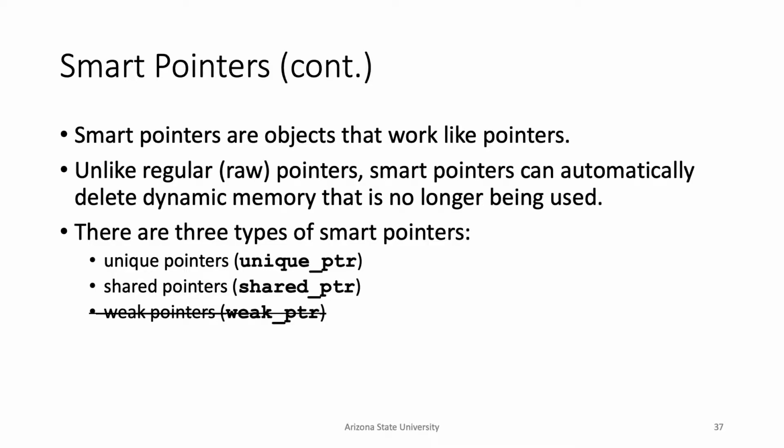So if I have 3 people pointing at this object and for some reason I don't like the first one, I can just say, I'm going to free you up and have only the other 2 point to this object. Well, think about this situation. Let's say we have a shared pointer and there's only one person pointing at this object. Shared pointers can have any number of people. What if this single pointer says, I'm going to delete myself?